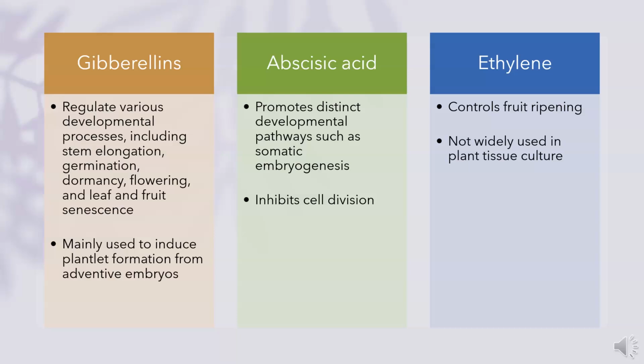Ethylene is associated with controlling fruit ripening in climacteric fruits, and its use in plant tissue culture is not widespread. Some plant cell cultures produce ethylene, which, if it accumulates sufficiently, can inhibit the growth and development of the culture. In conclusion, the preparation of culture media and the underlying culture technique are inextricably related and impact each other.